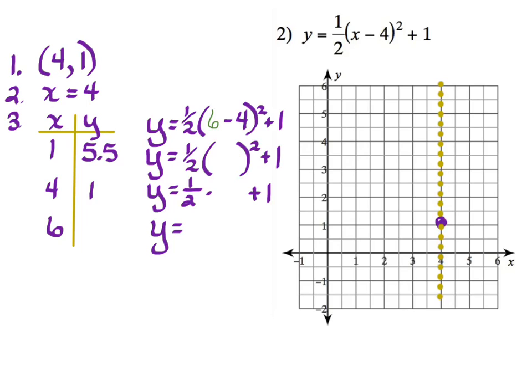Okay, next, let's take a look at our next point. We chose the x value of 6, and when we go through this process of simplification, the y value is 3. And now we're going to plot the first point. Ooh, look how far over that is. So if we count, and notice that these are all by halves, look at the scale. We go 1, 2, 3.